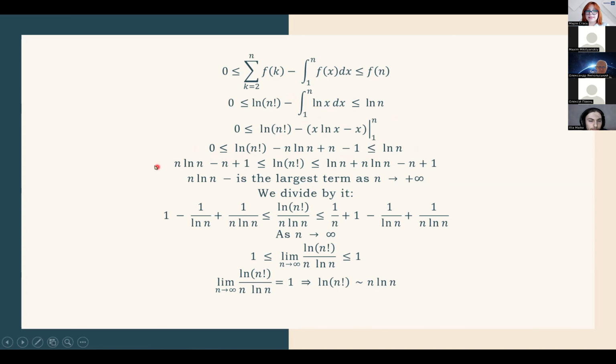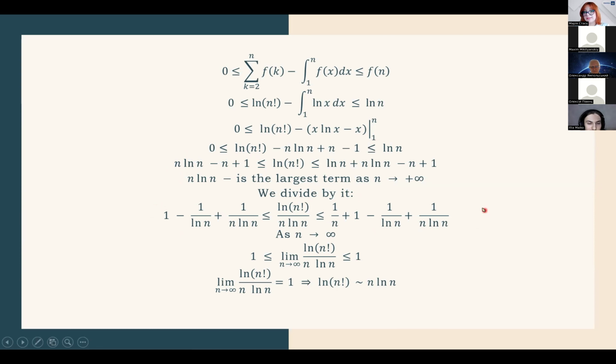Then we subtract this sum, n ln n minus 1, from the whole inequality, and since n multiplied by the logarithm of n is the largest term as n approaches plus infinity, we divide by it. We get such an inequality, which would be really long to read.